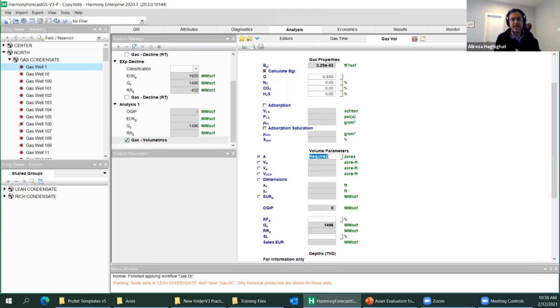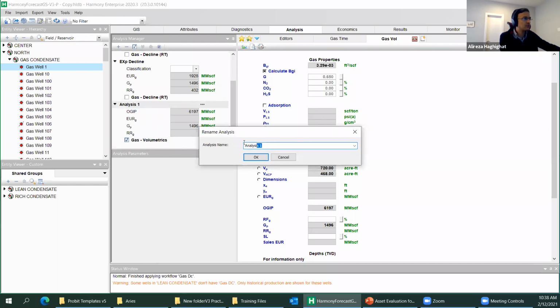This question would be answered with different techniques, but now let's assume the drainage area for this specific well is 240 acres. And now, based on all of these parameters, I can see that the original gas in place for this specific well is 6 BCF of gas. Let me rename this analysis to volumetric.